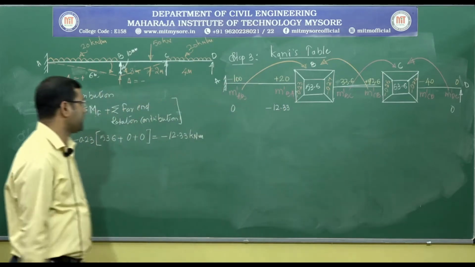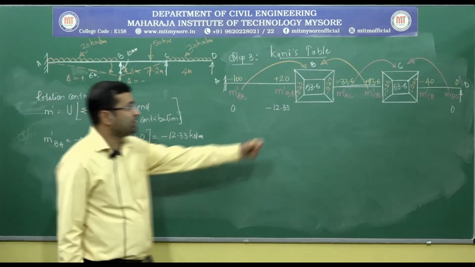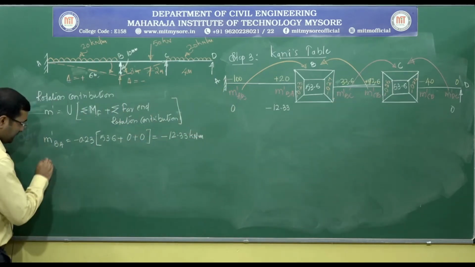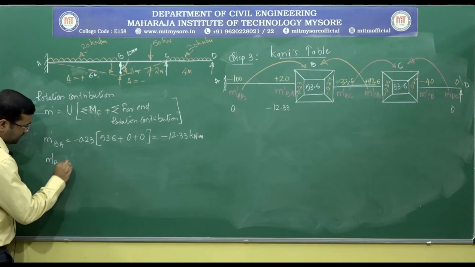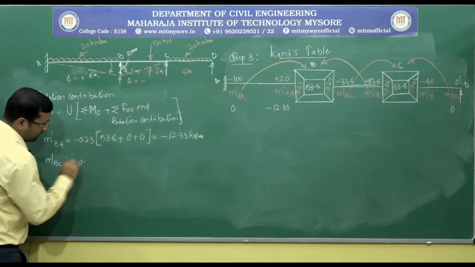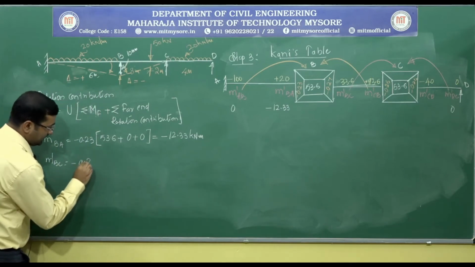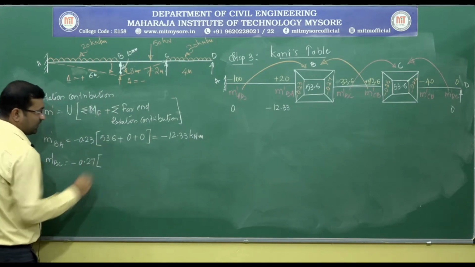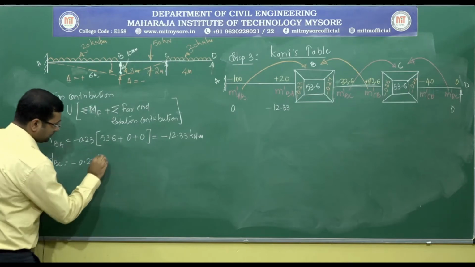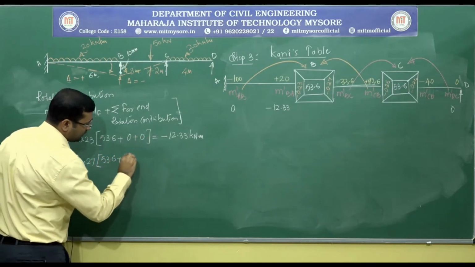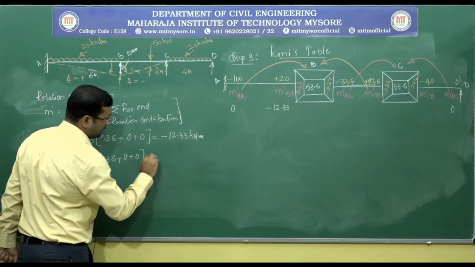Now similarly, M dash BC is equal to the rotation factor, minus 0.27, into the algebraic sum of fixed end moments, 53.6 plus the far end rotation moments, which are 0 and 0.